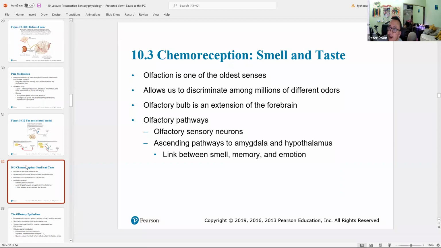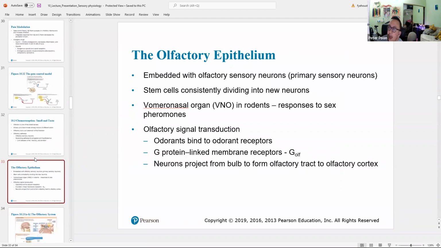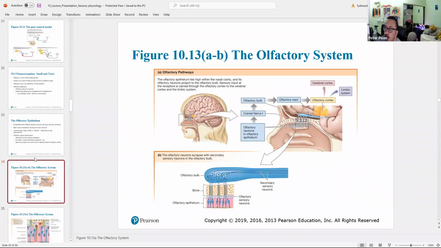Chemoreceptors. So this stuff you should already know. Here's the olfactory pathway.